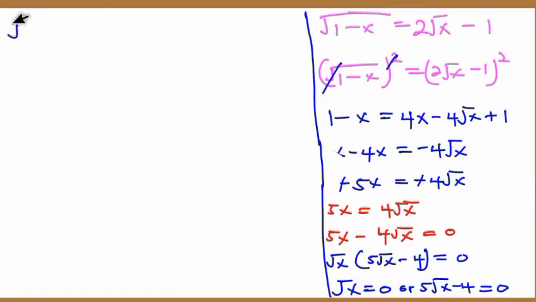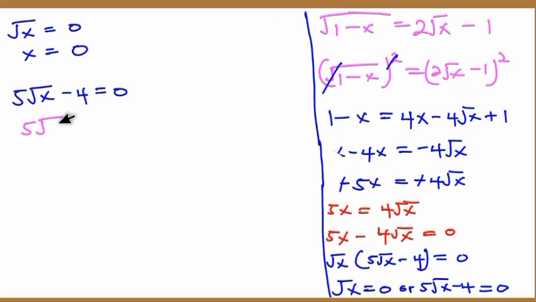The first one is root x equals 0, making it the subject, x equals 0. Now taking the second one, that's 5 root x minus 4 equals 0. So now with this, I'll have 5 root x equals, this one becomes 4 here.